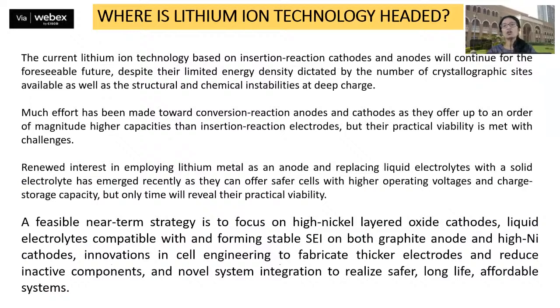So currently, we have to look into LiNMC type cathodes, with electrolytes which are able to sustain this kind of high operating voltage. You can have graphite as anode, or the other possible combination is lithium metal as the anode, but you change the electrolyte from liquid to a solid electrolyte.